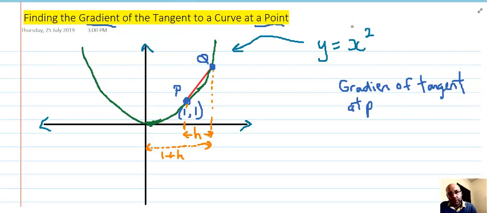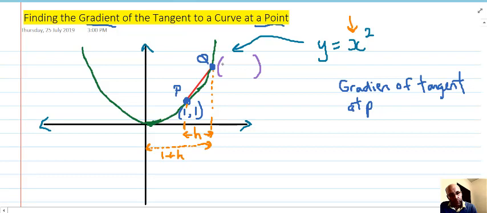Now to get any y value, we just substitute our x values into the function, and this means the point up here at Q can be found in a certain way. It'll be the point (1 plus h, (1 plus h) all squared), because we square the x value to get the y value.